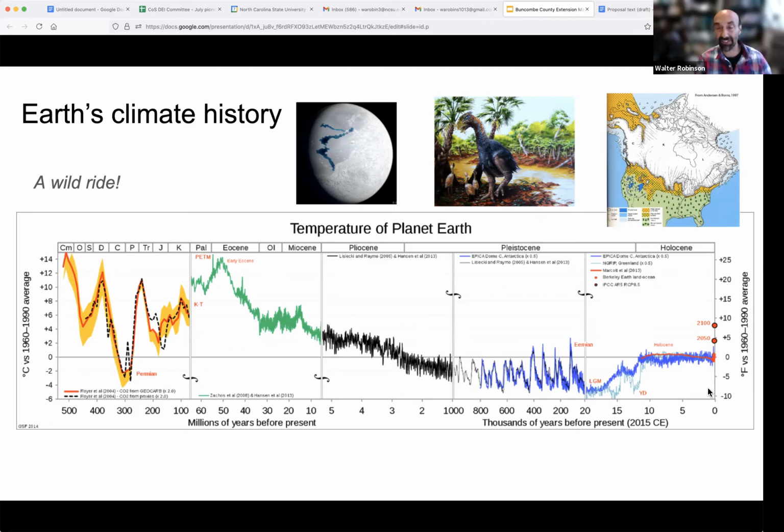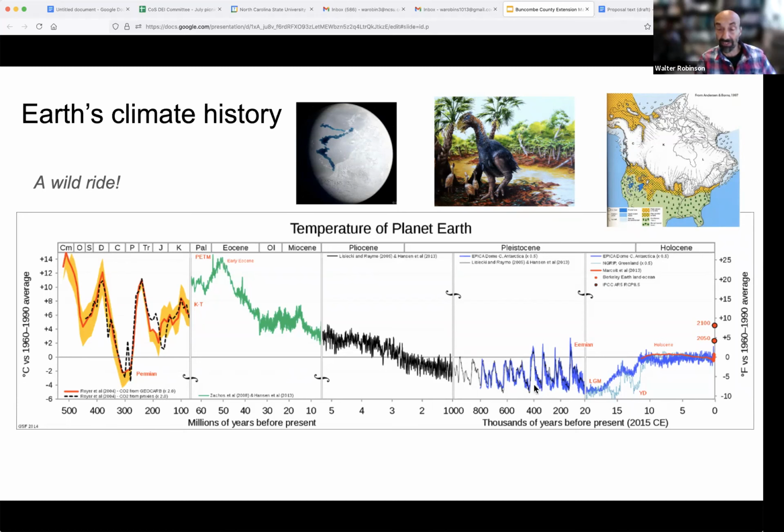I'm not going to talk about the whole thing because that would be a whole graduate course, not an evening. I'm going to focus on a couple of things, which are shown by these icons at the top. One is a period even before 500 million years ago, a period of very, very cold temperatures on the Earth that we call Snowball Earth. So Earth has been a lot colder than present. There's this period in the Eocene, 50 odd million years ago, where it was a lot warmer.